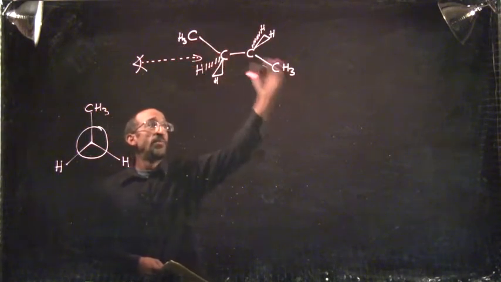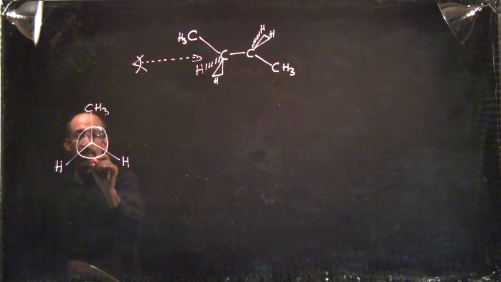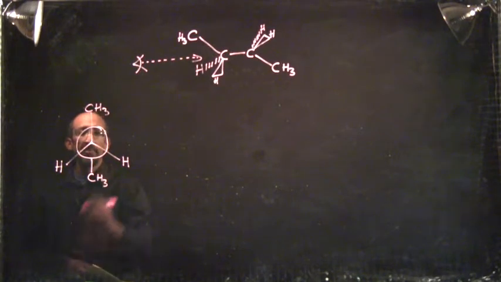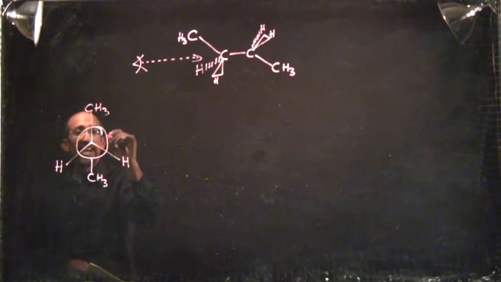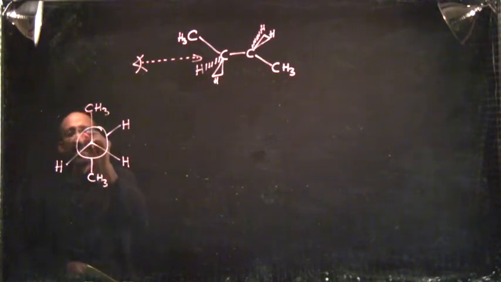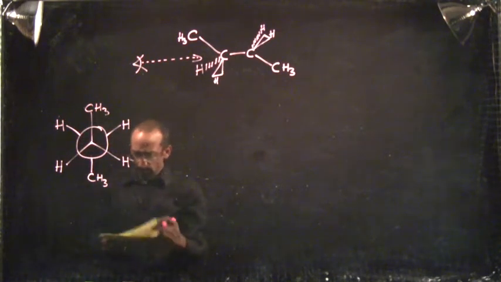Now our two terminal methyl groups are opposed to each other, so on the back carbon, starting from the edge of the circle going down, I have my other methyl group. From the side going up from the edge of the circle, I have my hydrogen, and from the opposite side going up from the edge of the circle, I have my other hydrogen.